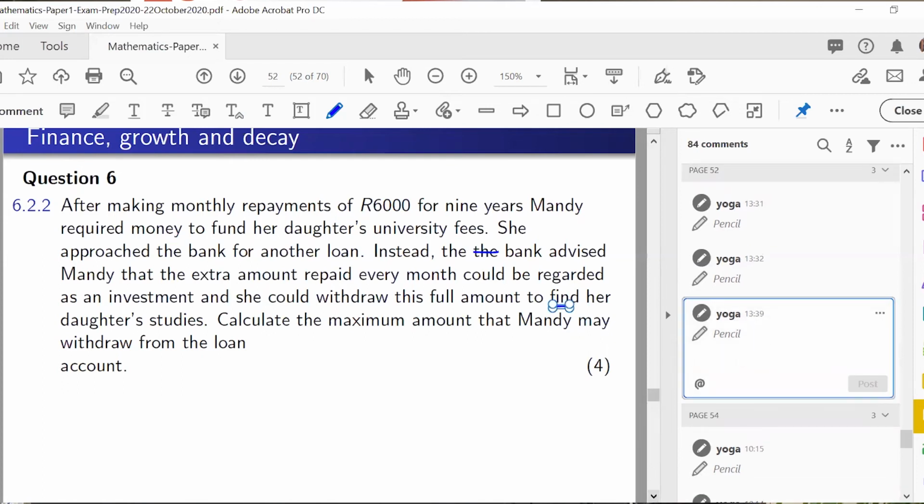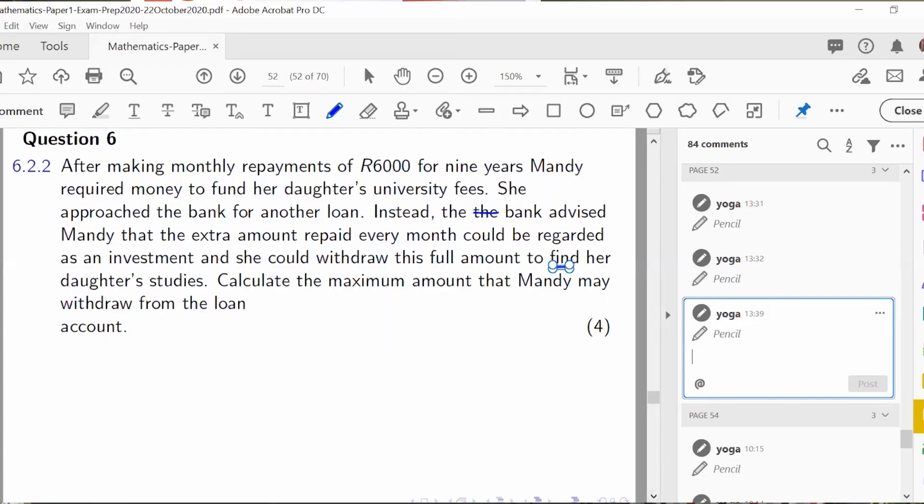Now we are required to calculate the maximum amount that Mandy may withdraw for the loan. Now look, our focus is no longer on the full monthly prepayment of 6,000 that Mandy is doing every month. But we are going to focus on that difference because she's paying more than the required amount.